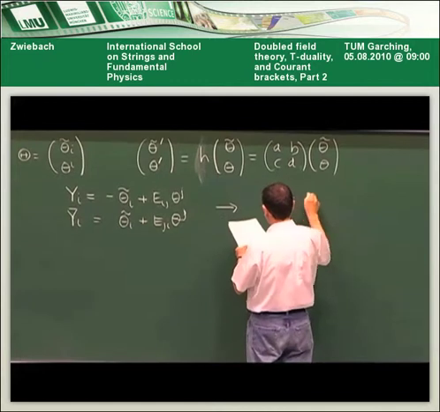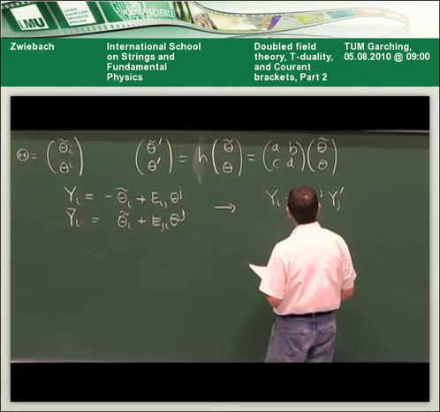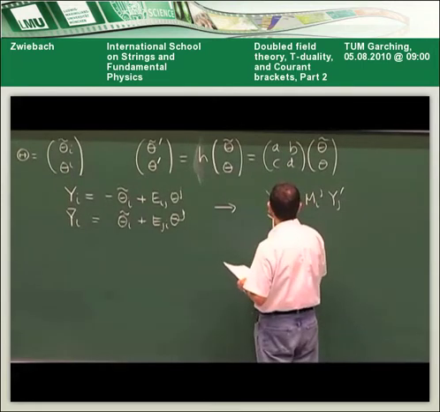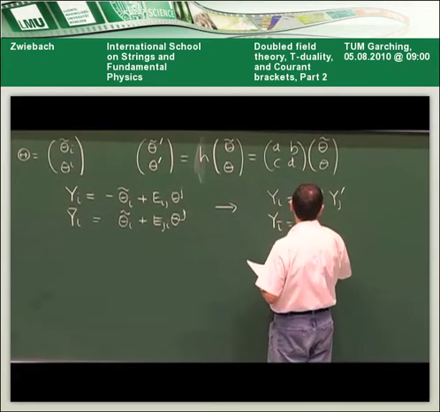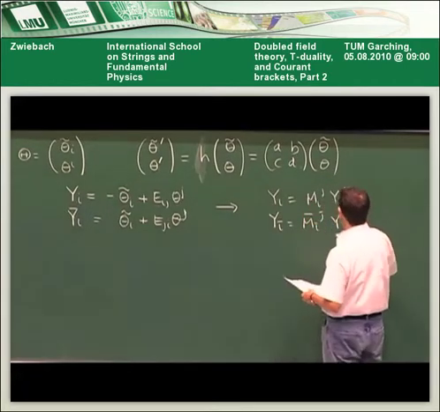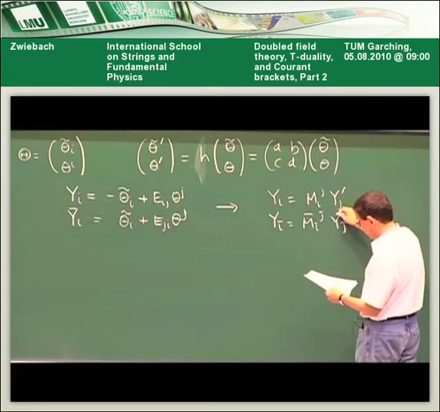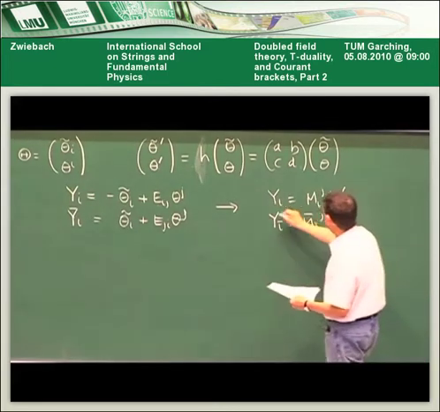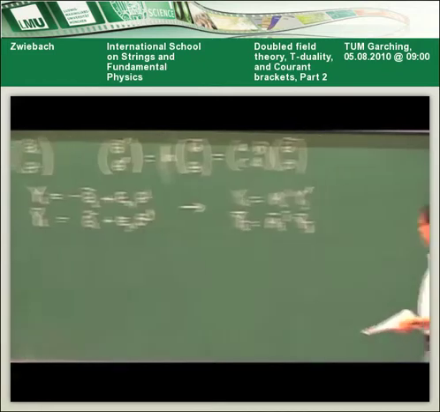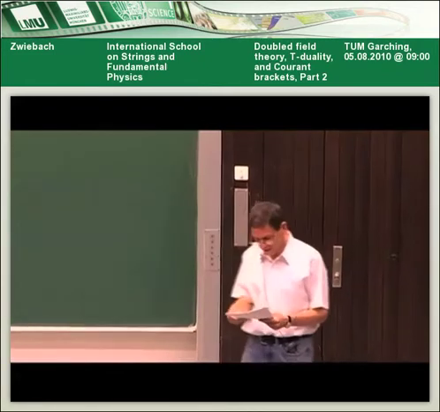So then y_i is, for example, m_ij y_j prime, and y_i bar is m bar_ij y_j bar. I put a bar here. In the notes, there's a bar missing in equation 32 in the second one.